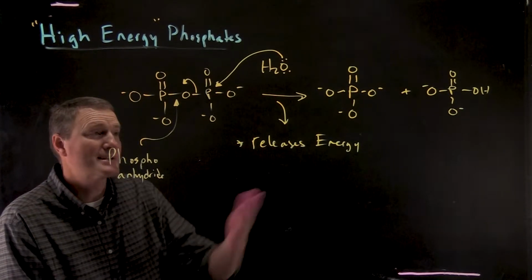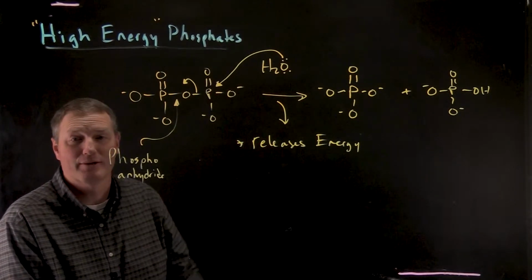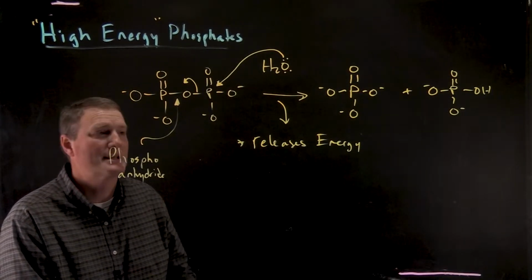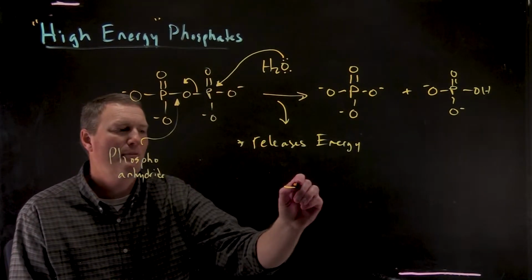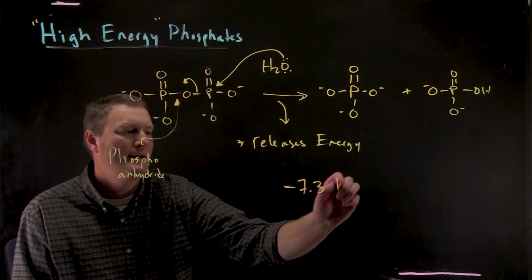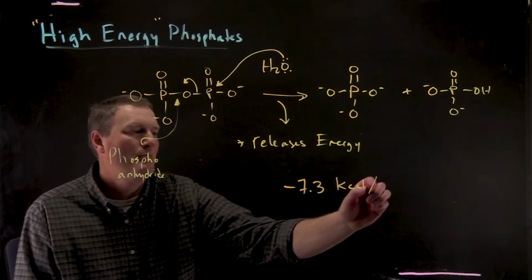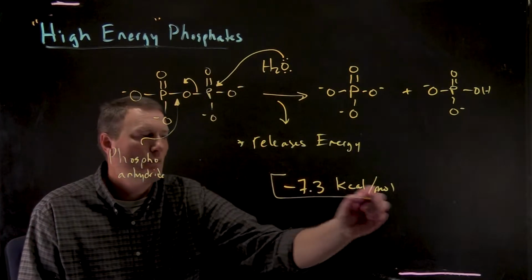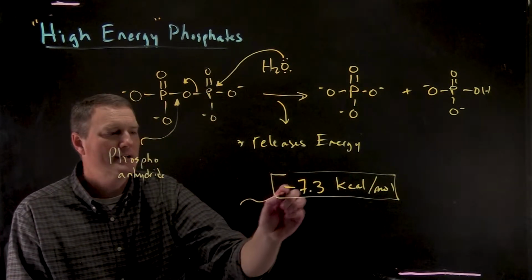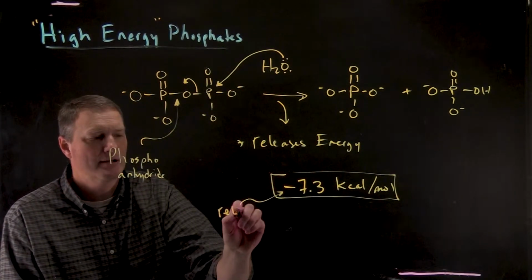In essence, the release of these phosphates now is going to generate a certain amount of calories. In general, hydrolyzing a phosphate bond tends to give off approximately 7.3 kilocalories per mole of phosphate. And I'm putting a negative sign in here. When you talk about the release of energy, the negative sign means releases energy.